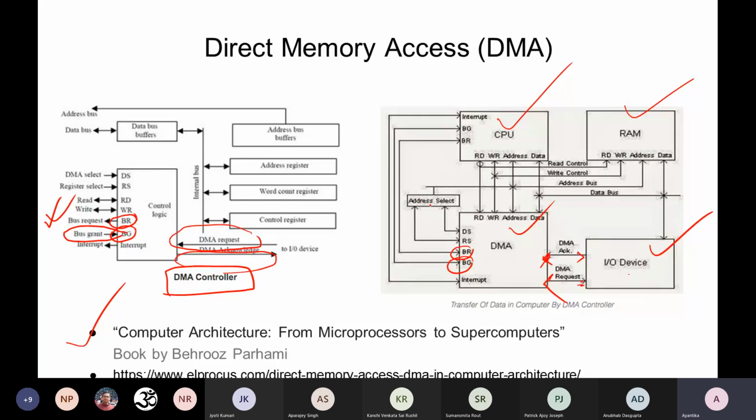Once that bus grant is given to DMA controller, next part is easy. So next part is you have to give the information about the address and select the register also from where the data will come and in which address it will reside. Okay. So that address and accordingly the selections. Okay. You can see here that address and selections will directly go to this RAM.